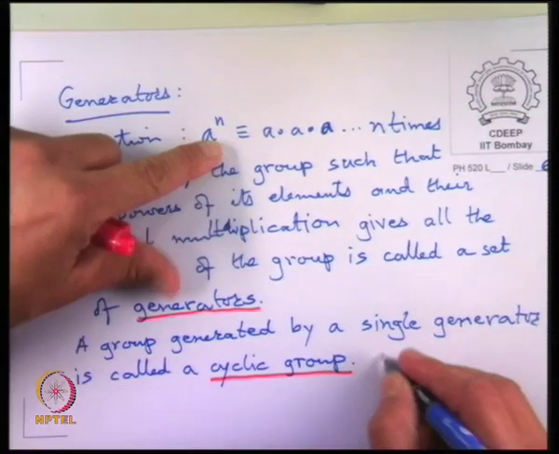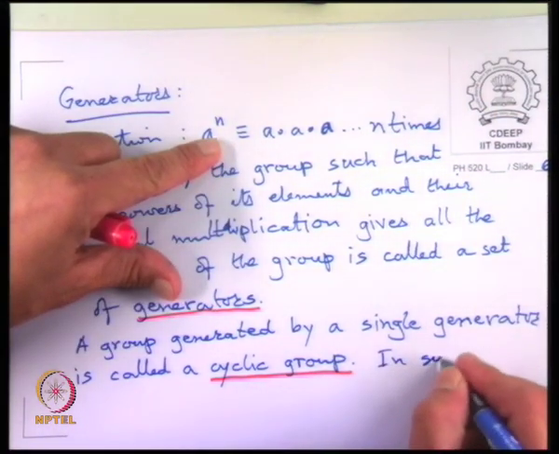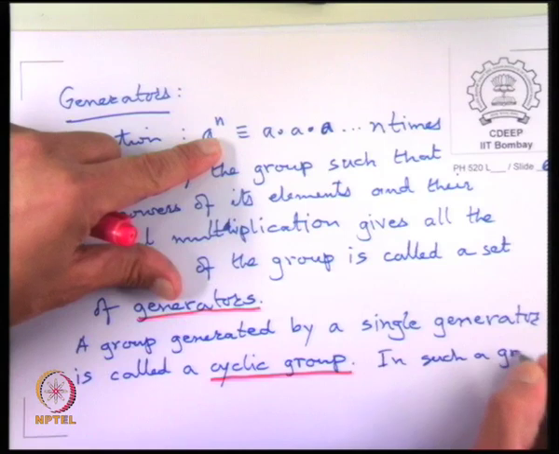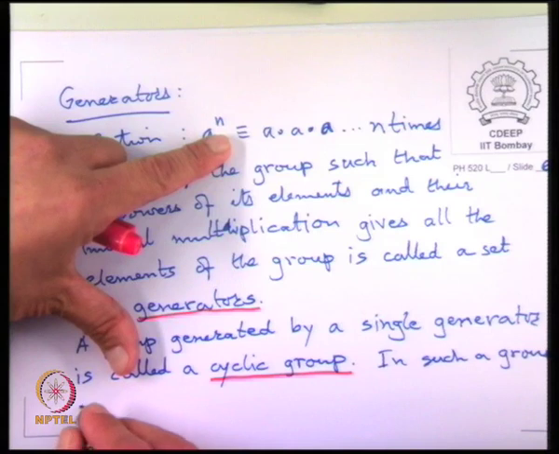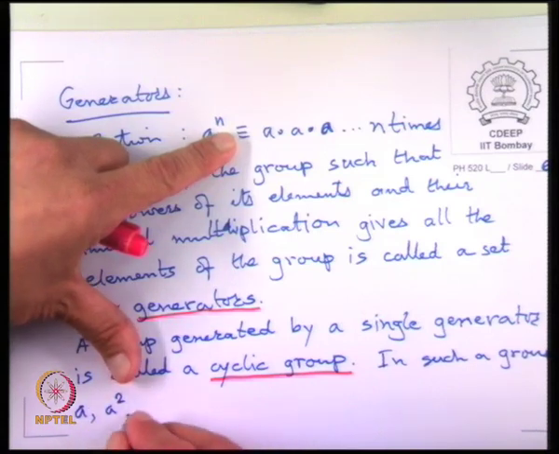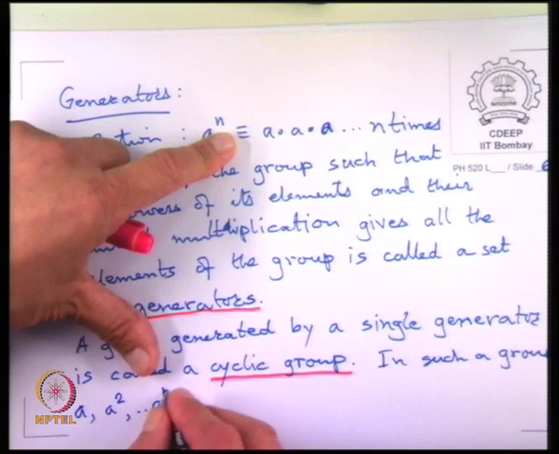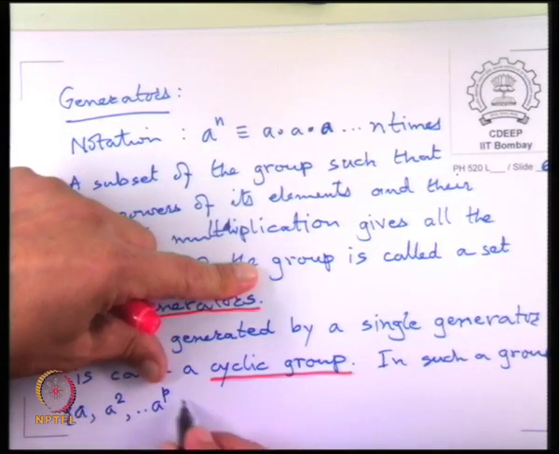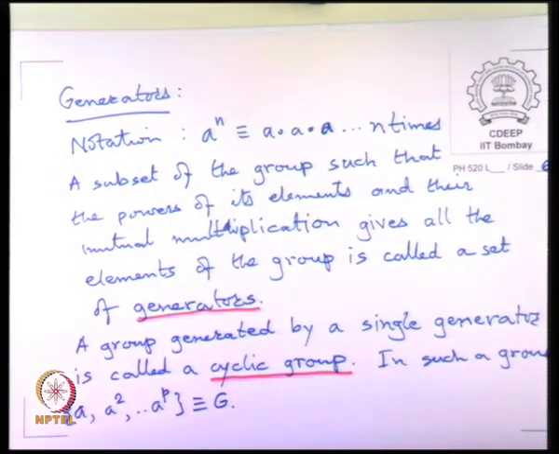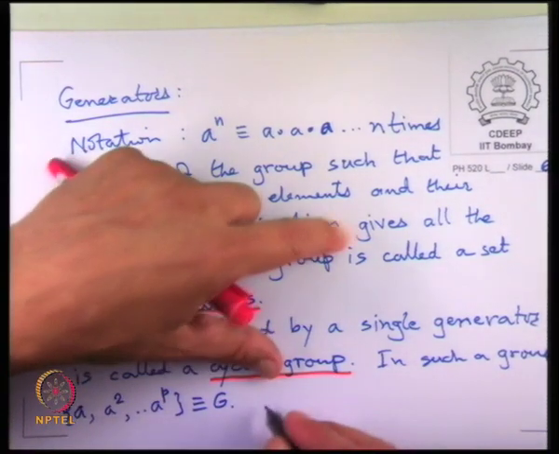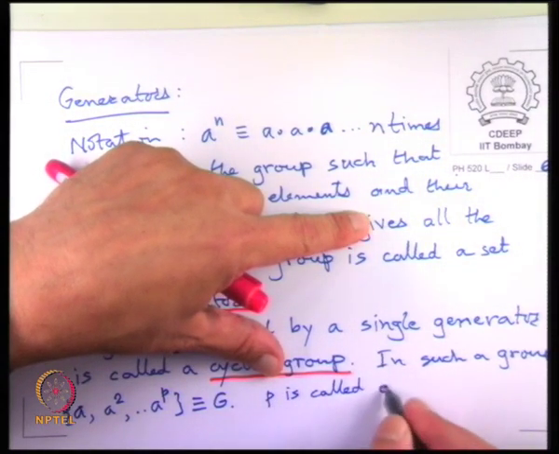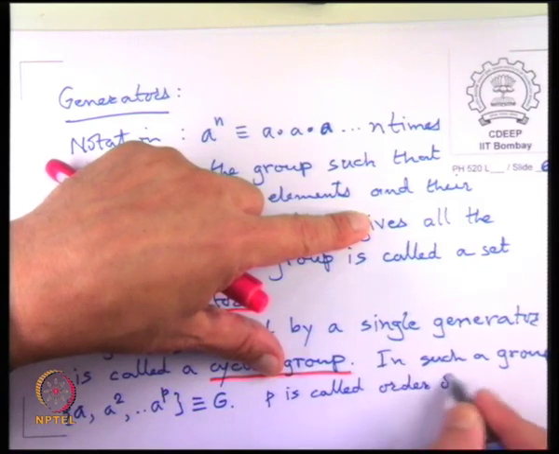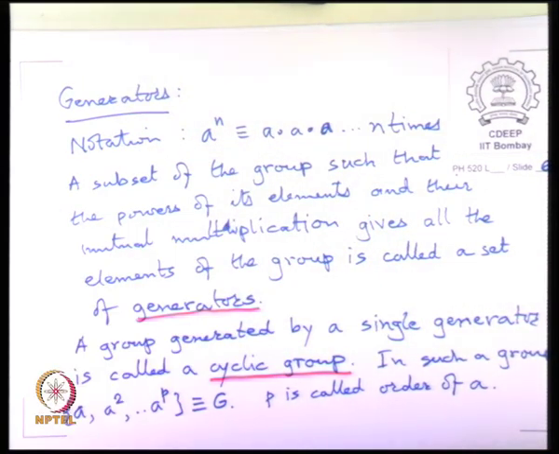So, in such a group, a, a squared, up to a to the p is the whole group.